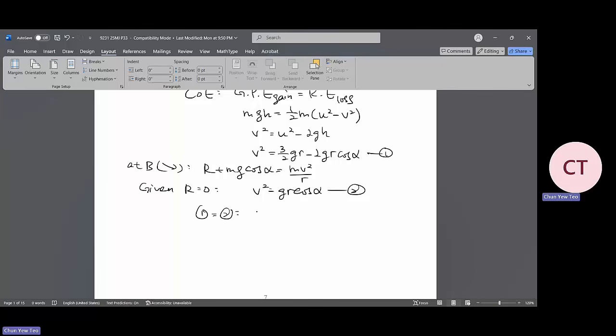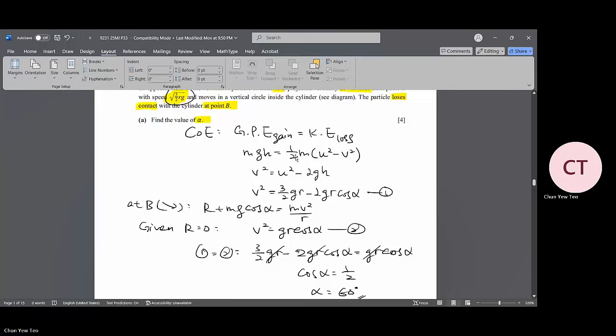You will have 3 over 2 gr minus 2 gr cos alpha equal to gr cos alpha. Cancel the gr. You get cos alpha equal to half. So your alpha is equal to 60 degrees. Done. So we have done the answer for part A.